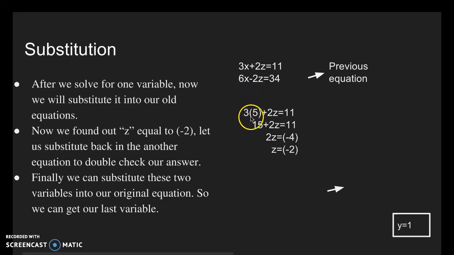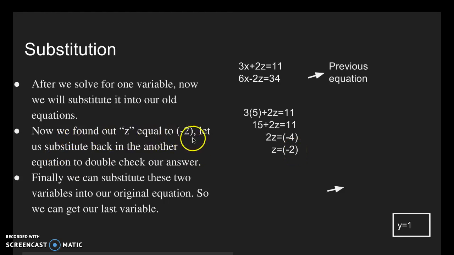So 3 times x, which equals 5, what we found on the last slide. 3 times 5 plus 2z equals 11, which is 15 plus 2z equals 11. Minus 15 on both sides: 11 minus 15 equals negative 4. So 2z equals negative 4, divided by 2 on both sides, z equals negative 2.